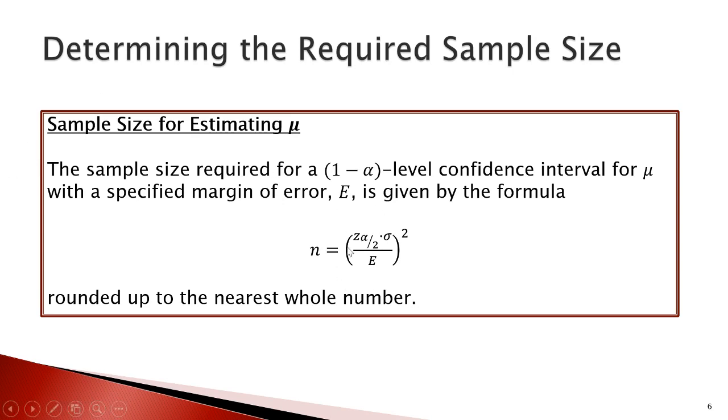We just have to solve for n from that formula. We have z alpha over 2, sigma, and the margin of error E. Z alpha over 2 sigma divided by E, the whole thing squared, we will get n. Okay.